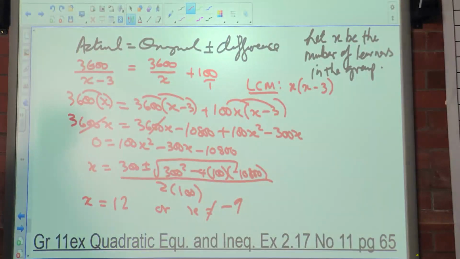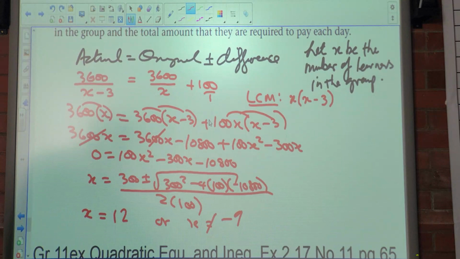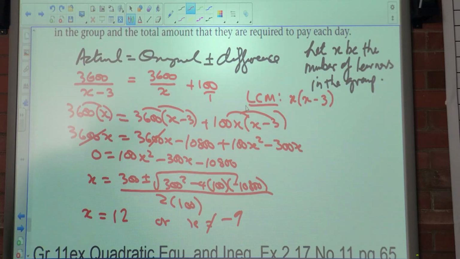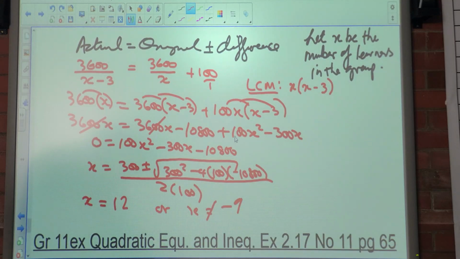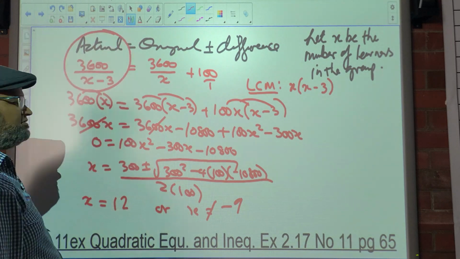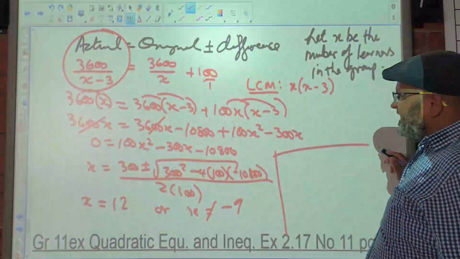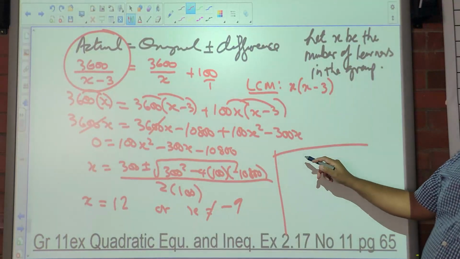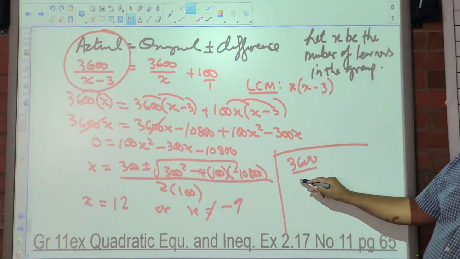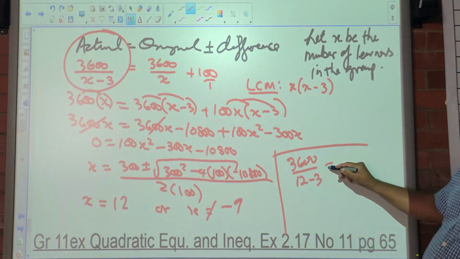Not so? But part of the question was to calculate the cost per day. Calculate how many learners are in the group and the total amount that they are required to pay. So who's going to pay? What's actually happening? Not so? So for the learners that are actually paying, it is going to be 3,600 divided by 12 minus 3.